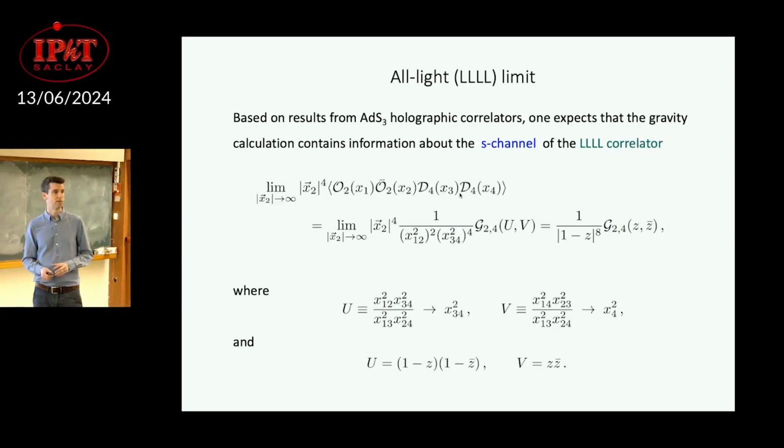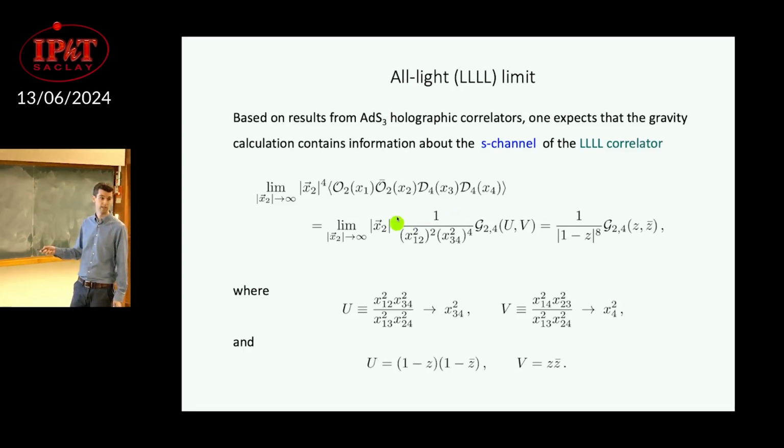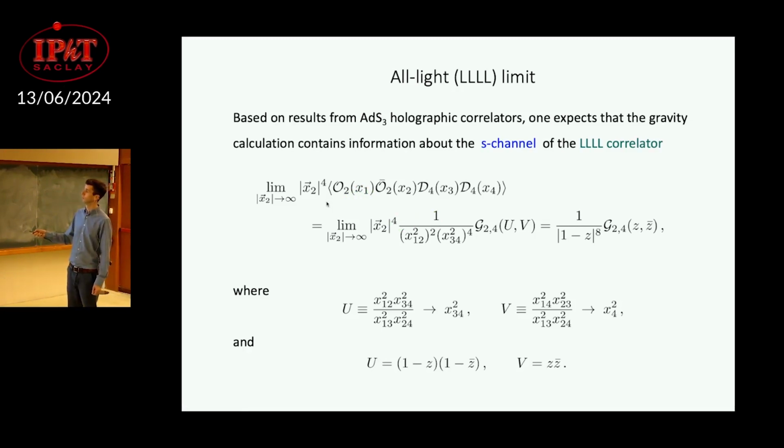And based on results from AdS3, one expects that the gravity calculation contains information about the S channel of the light correlator, which I denote here. And so I have these 2 chiral primaries which came from the heavy state, but now they've become light fields, CPOs in this correlator.